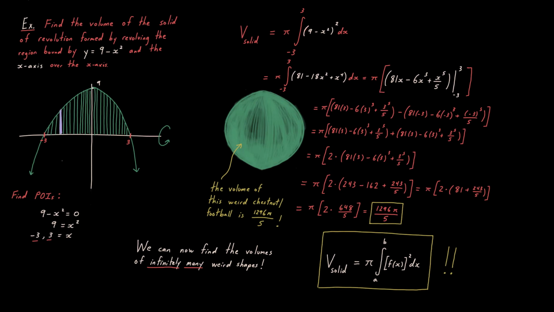Let me just illustrate why. Again, this is the radius. So in purple there, you see a little cylinder, a little radius I've drawn, a little thin slice, rotated around the x-axis. So indeed, the function is the radius of the cylinder, and dx is the infinitely thin height, if you were to reorient this vertically.